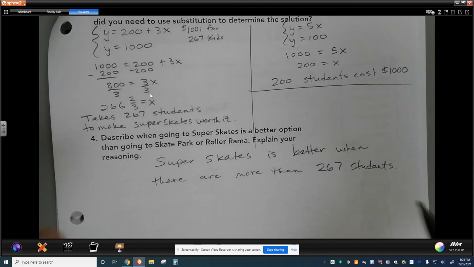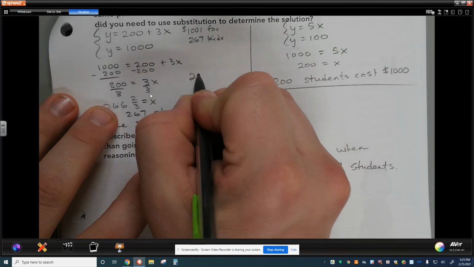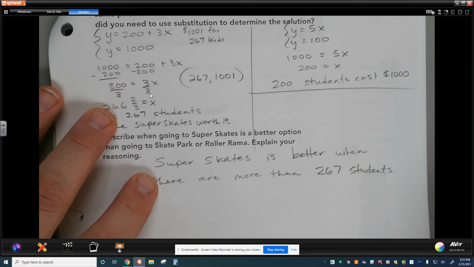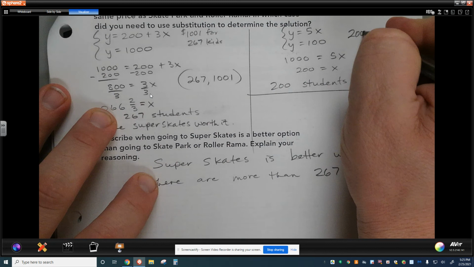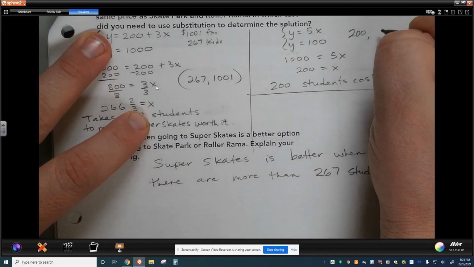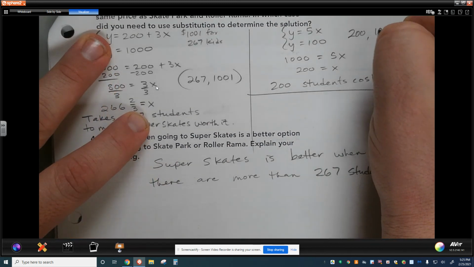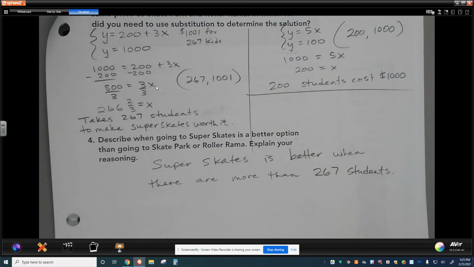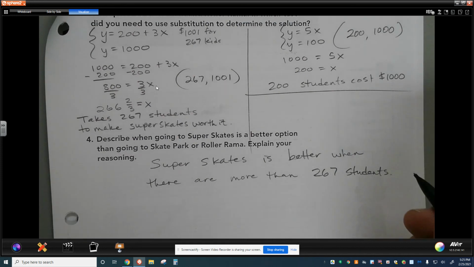So just to recap, 267 kids is $1,001. 200 kids at Roll-A-Rama is $1,000. And then at Skate Park or Super Skates, it's just $1,000 no matter how many kids come. So Super Skates is better when you have 267 or more students.